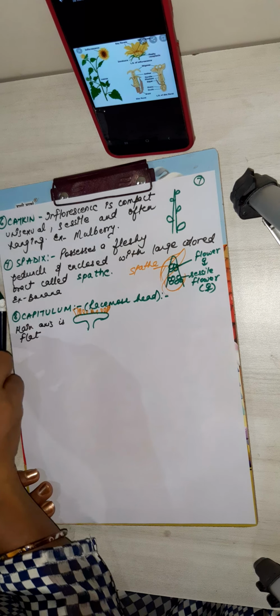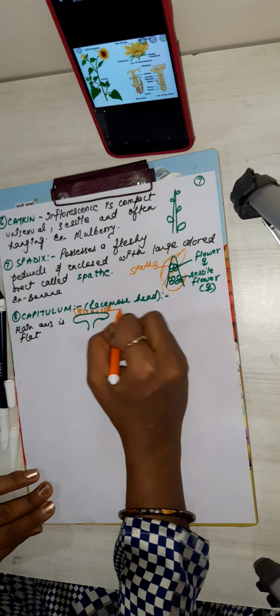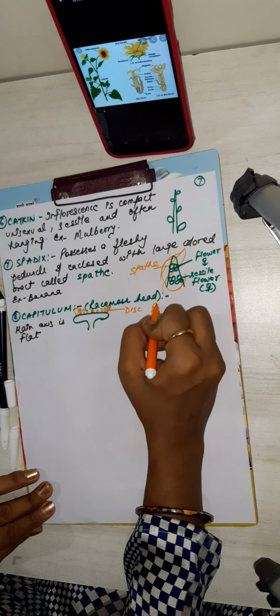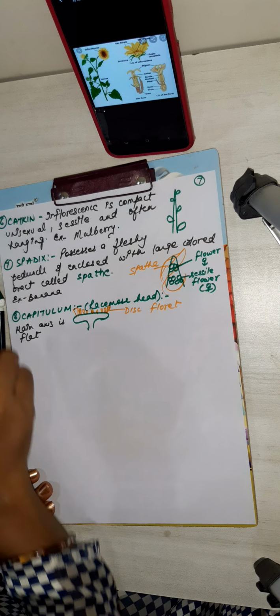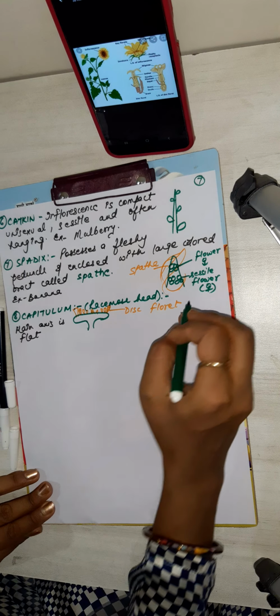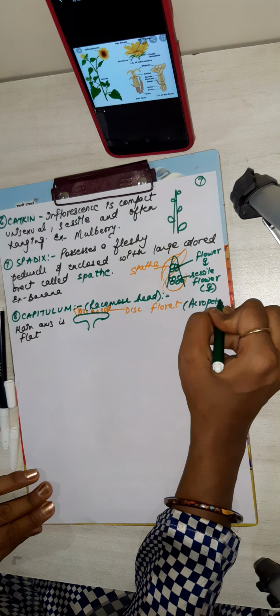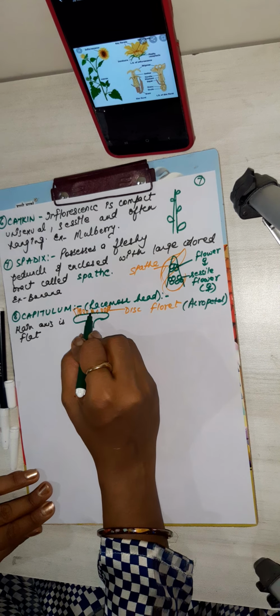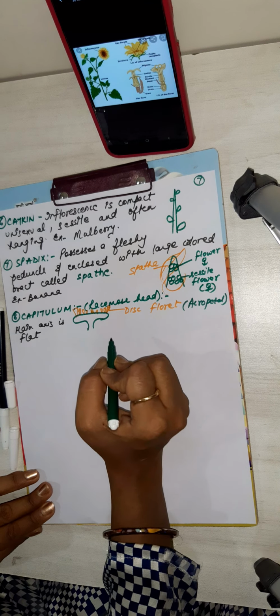Okay, and you can say this is ray floret. Sorry, this is disc floret. And arrangement is here what? In an acropetal, or you can say centripetal. Younger will be at the center and older will be at the periphery.